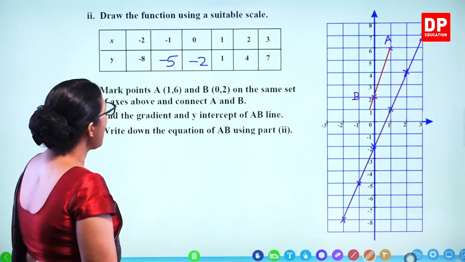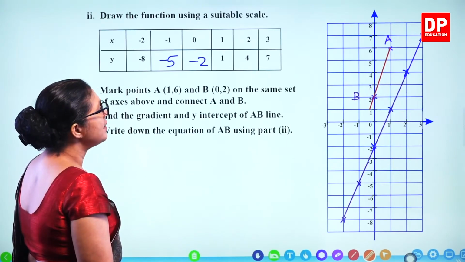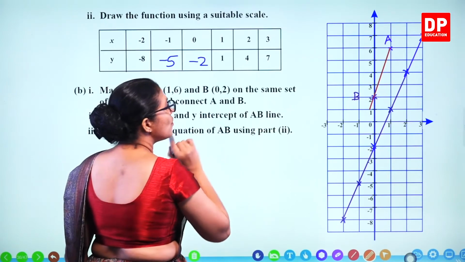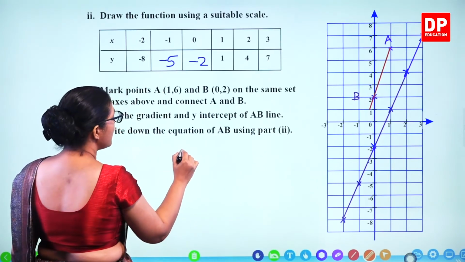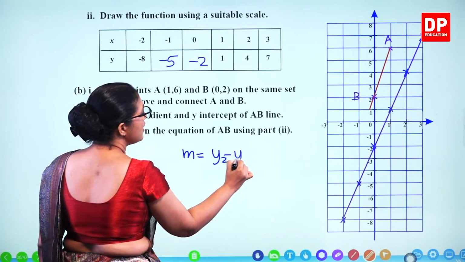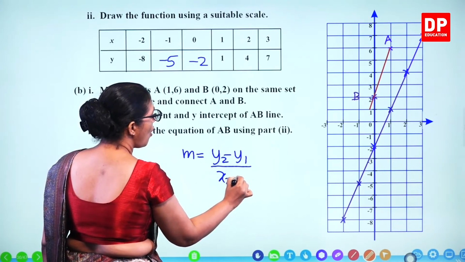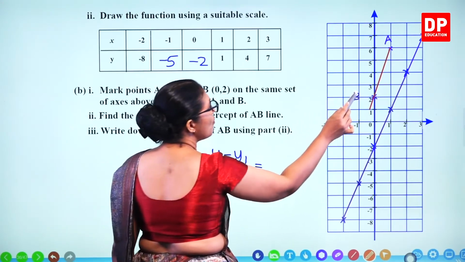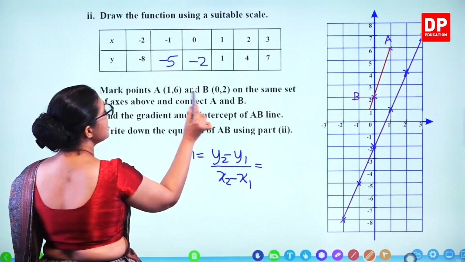Find the gradient and y-intercept of AB line. So gradient, how do you find out the gradient? M is the difference between y coordinates over the difference between x coordinates. So what's the point here? 1, 6 and 0, 2.